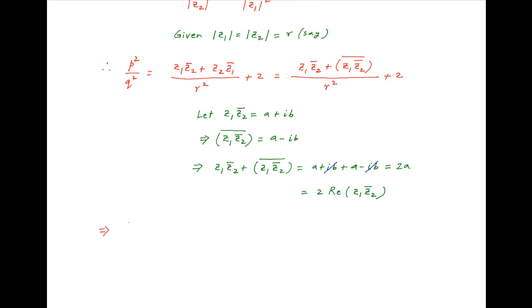Using this result, the above equation can be written as p square upon q square is equal to 2 times the real part of the product of z1 and the conjugate of z2 divided by r square plus 2.